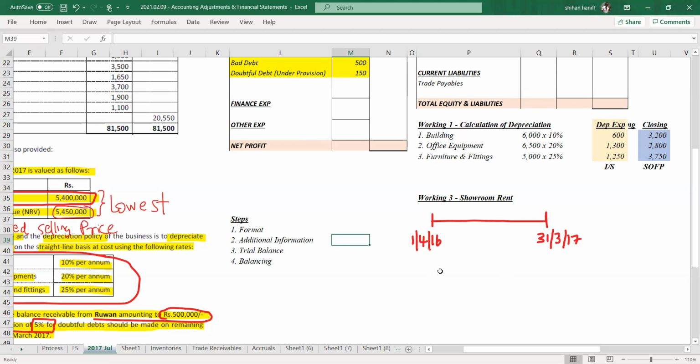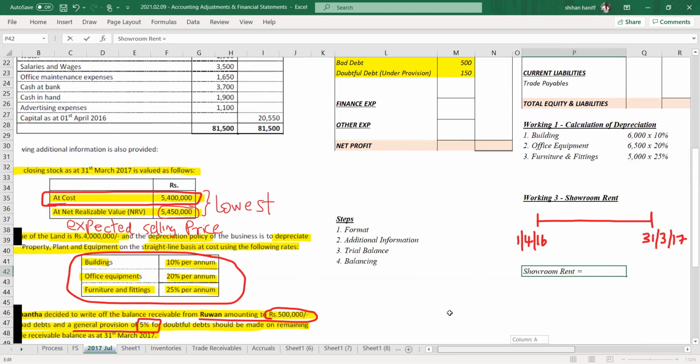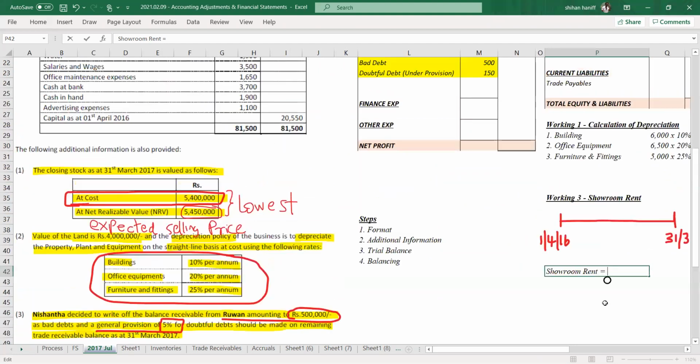So showroom rent should be equal to 150,000 rupees per month. So 150,000 into 12 months. 150,000 into 12 months means it's how much? 1,800.